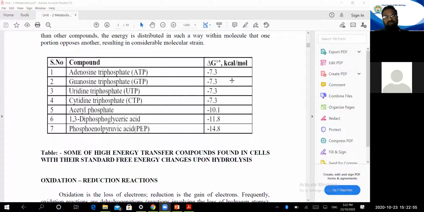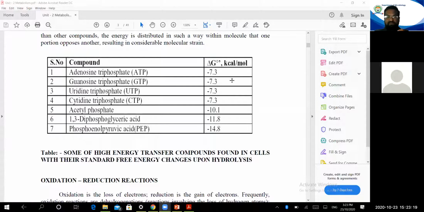There are many other molecules also which can be utilized in a similar fashion. There are GTP molecules, guanosine triphosphate, there are uridine triphosphate, UTP molecules, there are cytidine triphosphate or CTP molecules. Apart from this, there is acetyl phosphate, there is diphosphoglyceric acid, there is phosphoenol pyruvic acid.